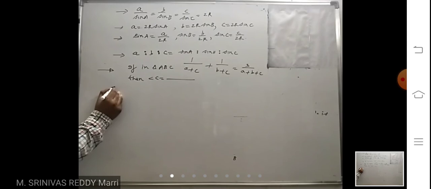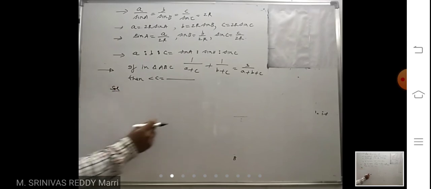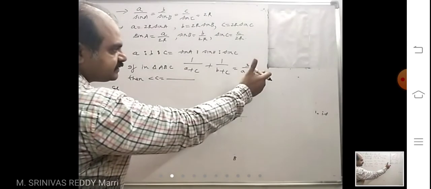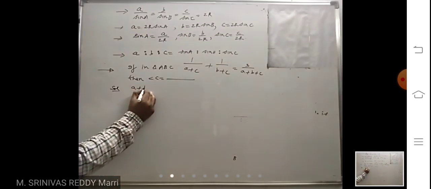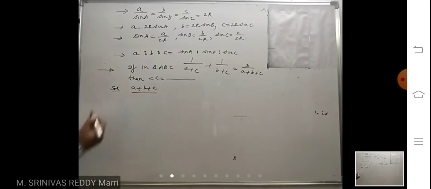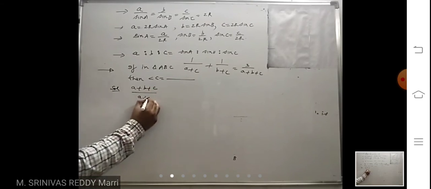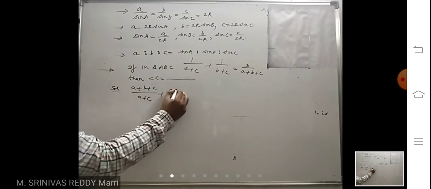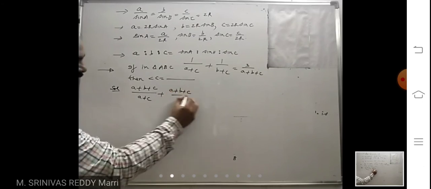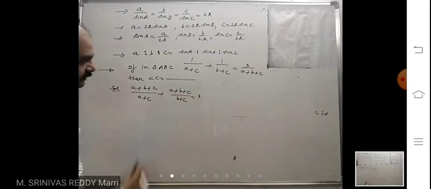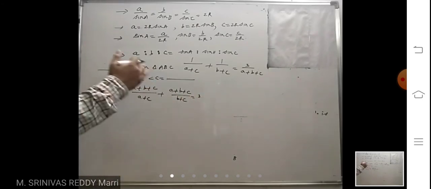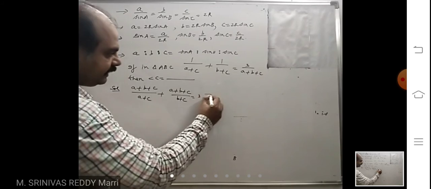Look at how to approach the problem. This relation is given. This a+b+c, bring to left hand side. (a+b+c)/(a+c) + (a+b+c)/(b+c) = 3. I have multiplied a+b+c to left hand side.